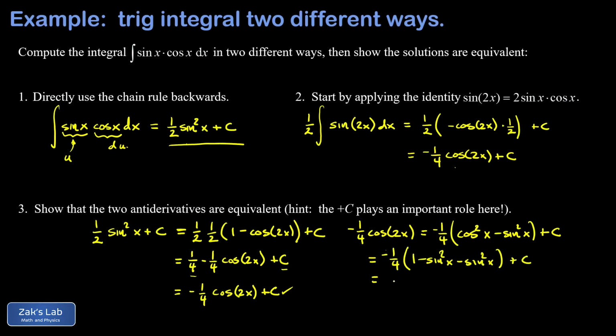So I distribute the negative 1/4, and I have negative 1/4, and then I have a minus 2 sine squared x inside those parentheses, but I multiply that by negative 1/4. This gives me a positive 1/2 sine squared x plus c. And again, I use this argument that if c is an arbitrary constant, then c minus 1/4 is just some other arbitrary constant. So I can write it as 1/2 sine squared x plus c, and we're done.